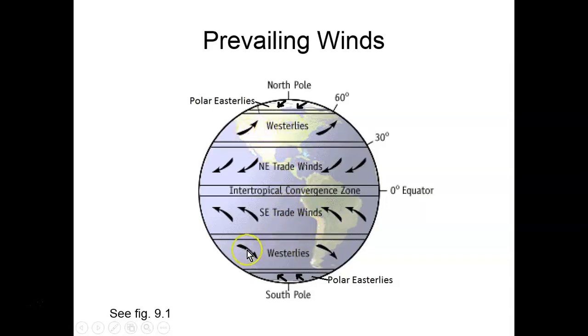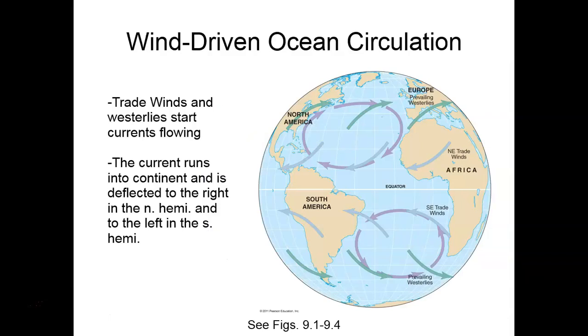And then between 90 degrees and 60 degrees, you have the easterlies, which blow from the east to the west. Okay, so these wind patterns are creating our major currents. So hopefully you know these prevailing winds by now.